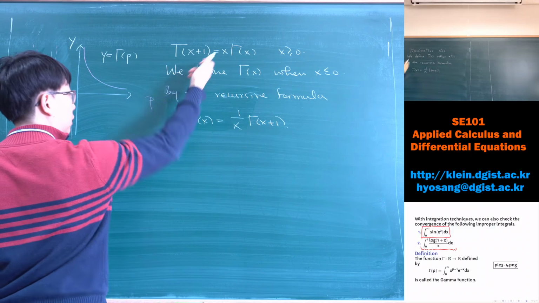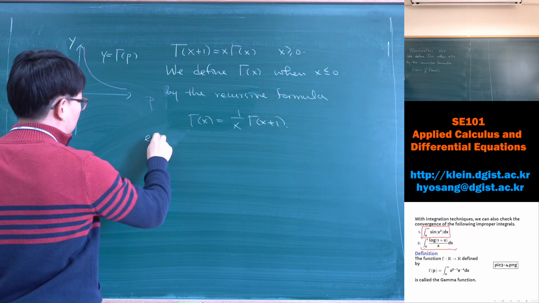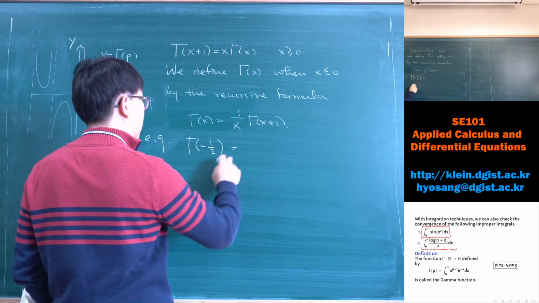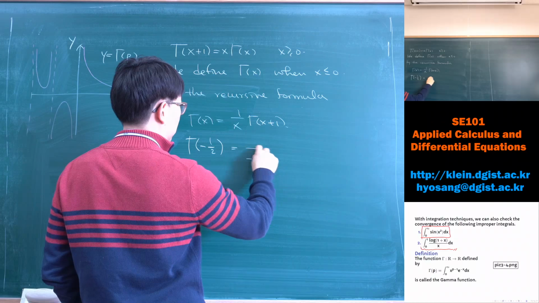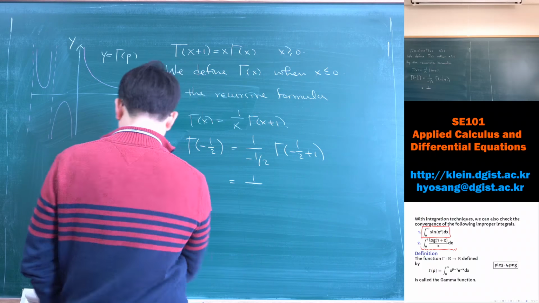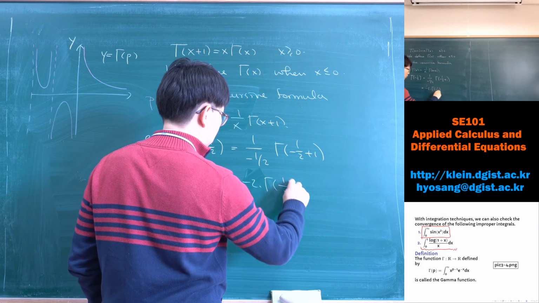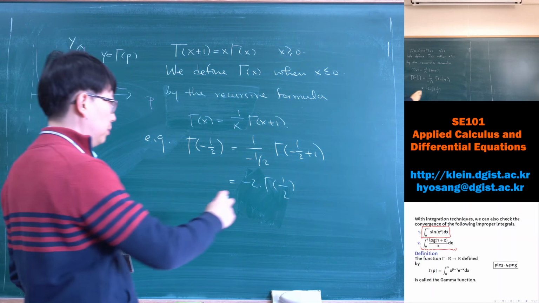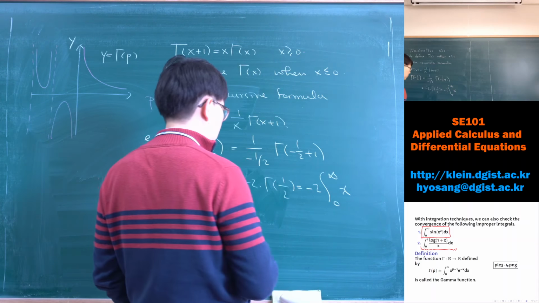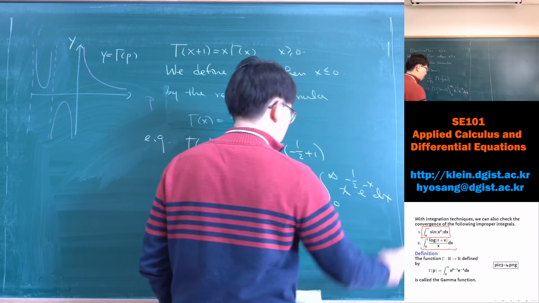We simply rewrote this equation in terms of gamma x. It means that if you want to compute gamma of minus 1 over 2, you can simply plug in minus 1 over 2: it's negative 2 times gamma 1 over 2. And gamma 1 over 2 is well defined, simply defined as the integral from 0 to infinity of x to the negative 1 over 2 times e to the negative x dx.